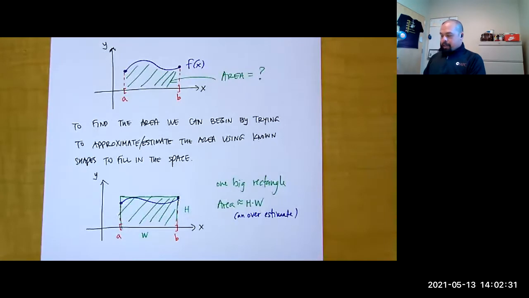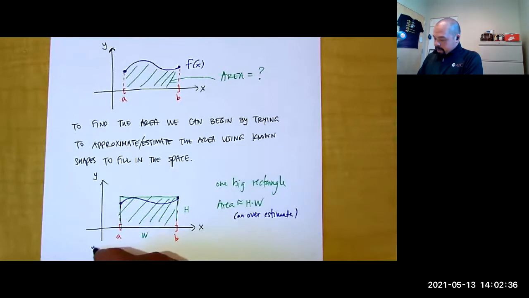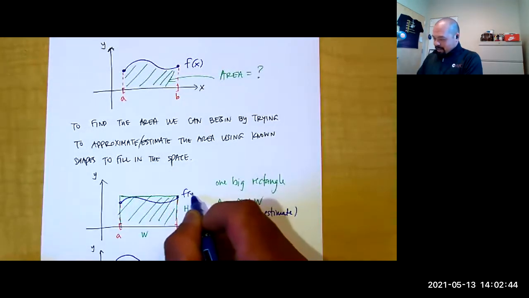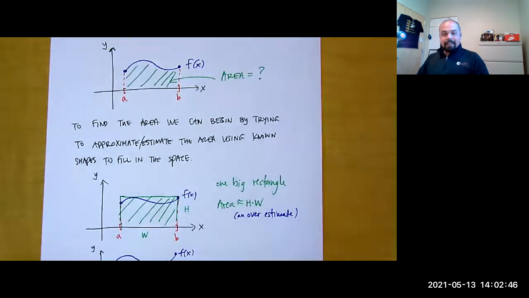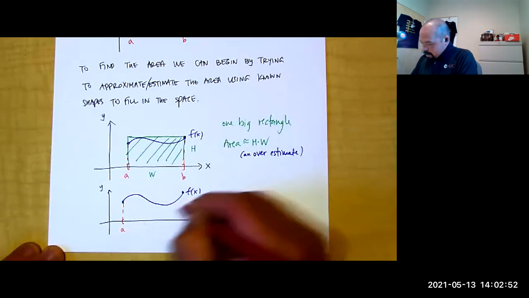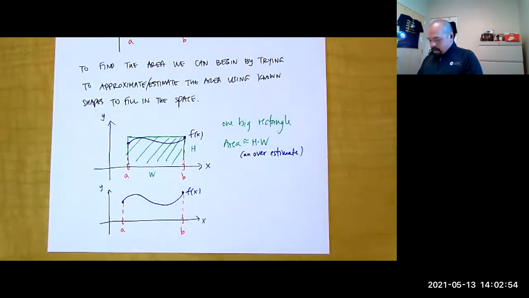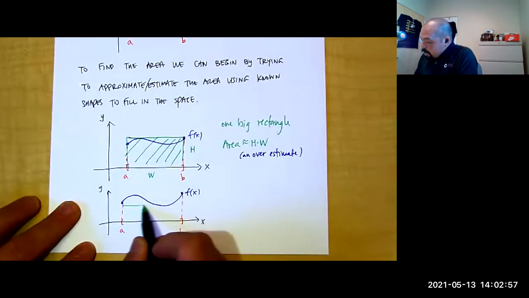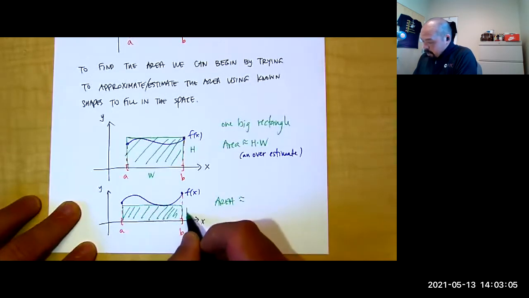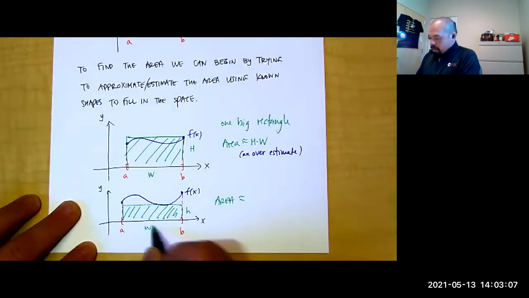So maybe instead, what if we look at the lower point? Again, I know my graph is altered a little bit, but this concept hopefully is clear. In this case, our area is approximately, let me use lowercase h, still the same width.